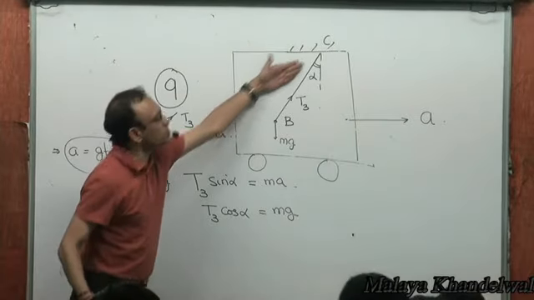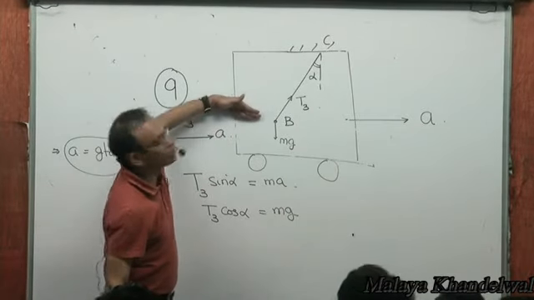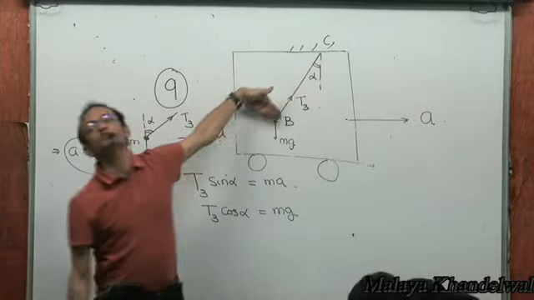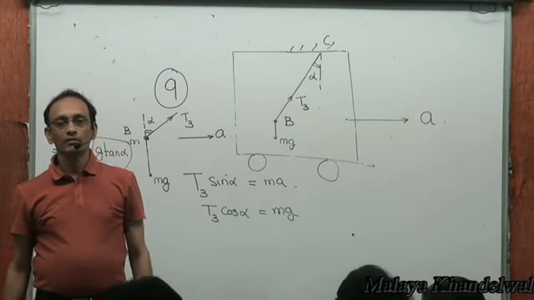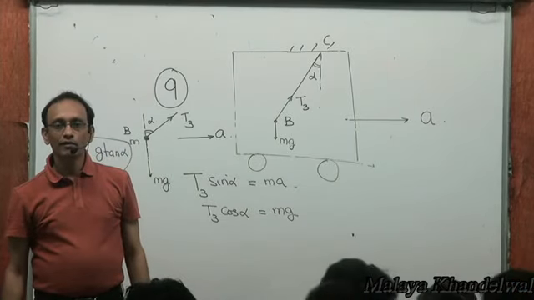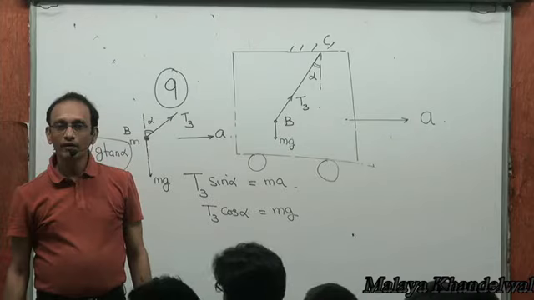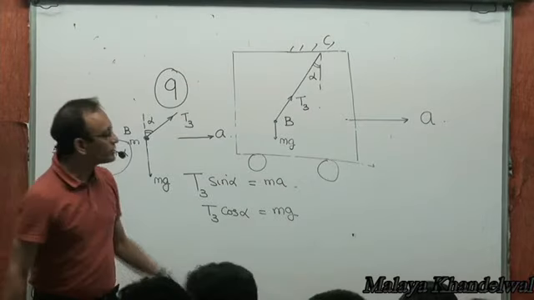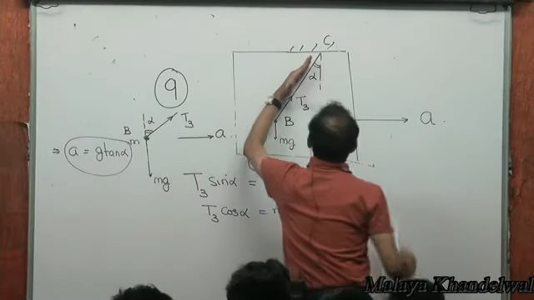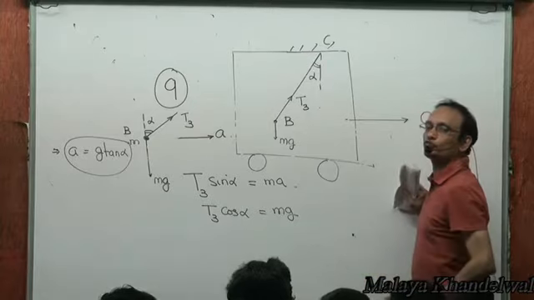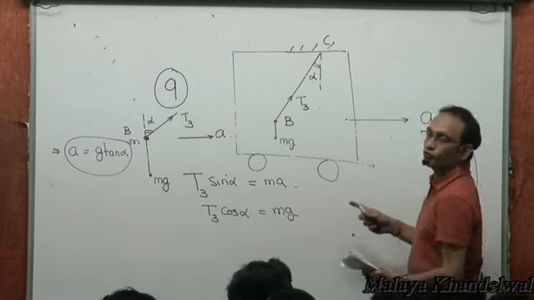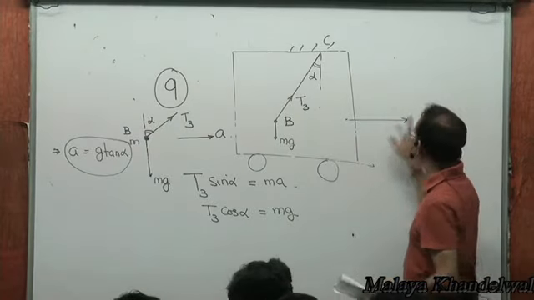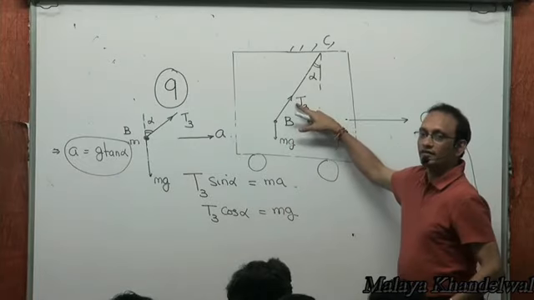You want it to stay in this position. This was the original position of BC. You want it to stay in this position. It can stay in this position if it has no relative motion with respect to the carriage. And the only way it can have no relative motion with respect to the carriage is if A is g tan alpha.